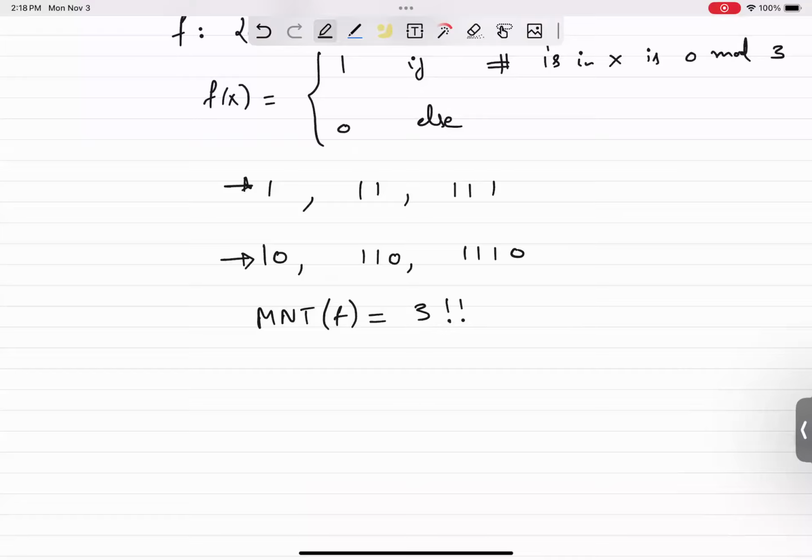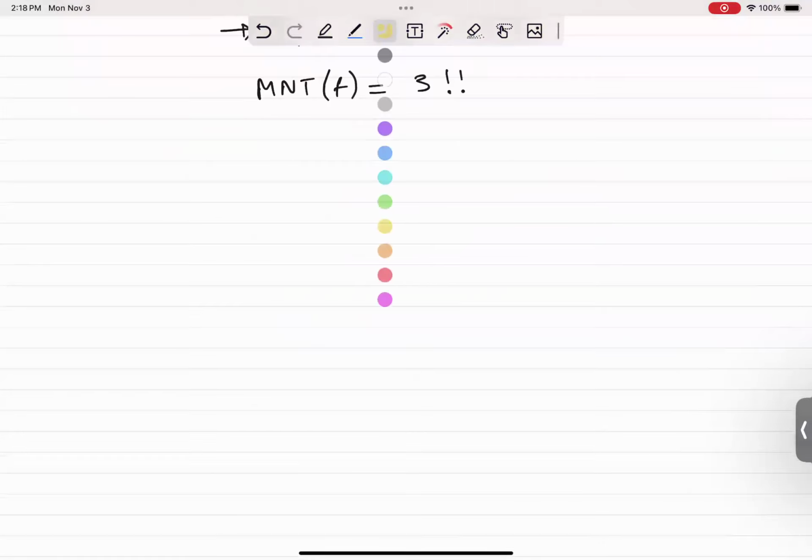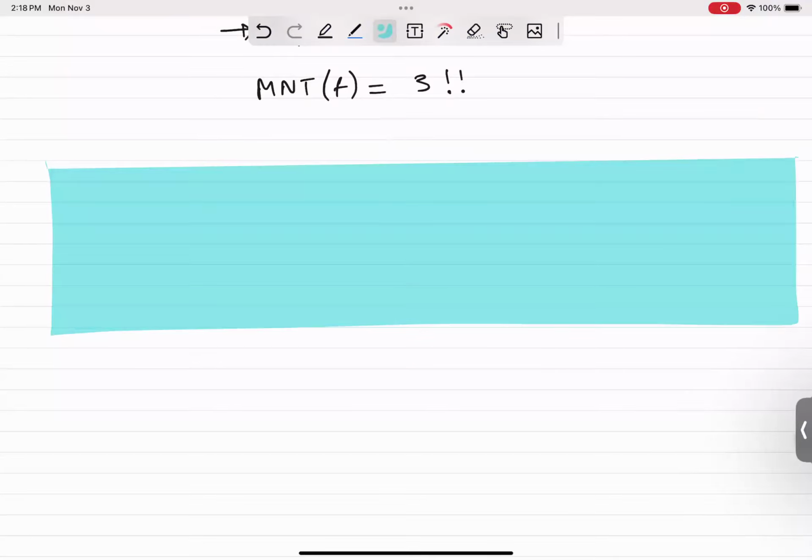Okay. Now that's a definition. What's the real Myhill-Nerod theorem?